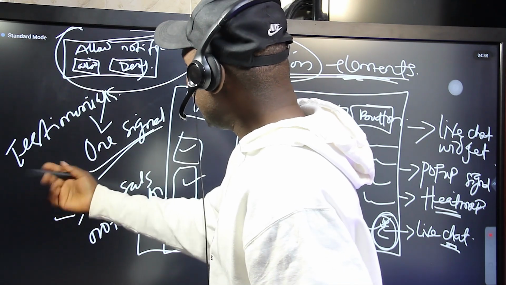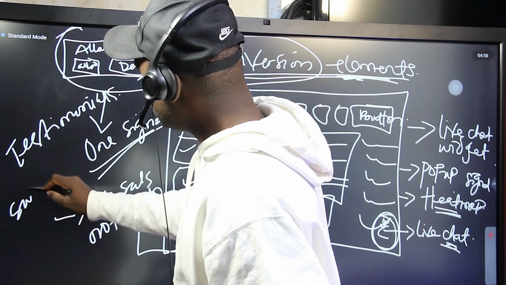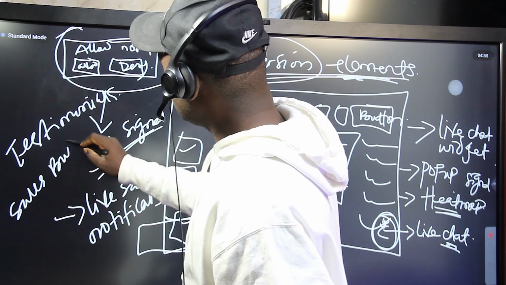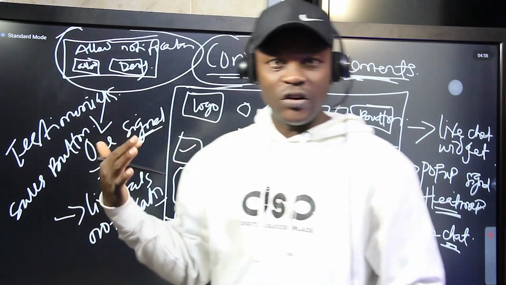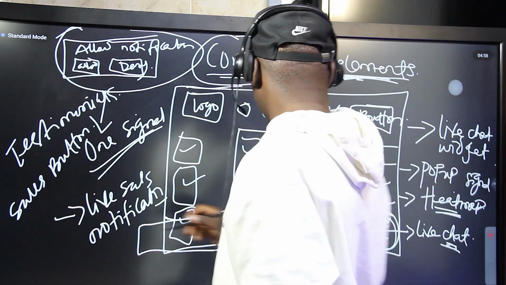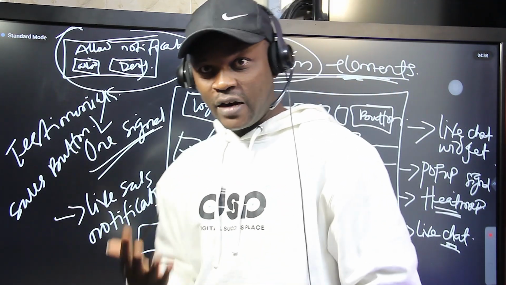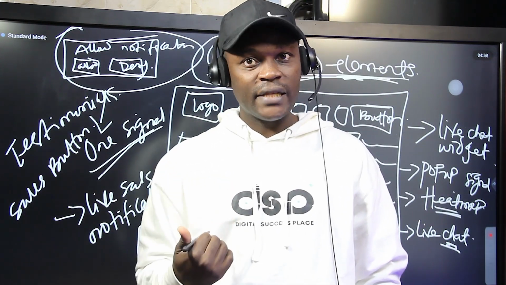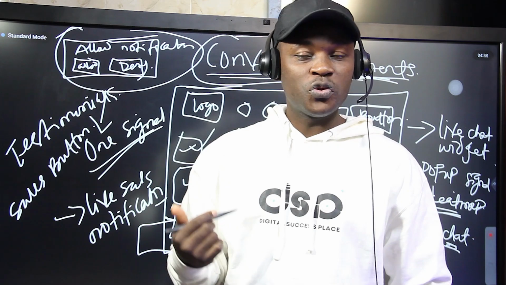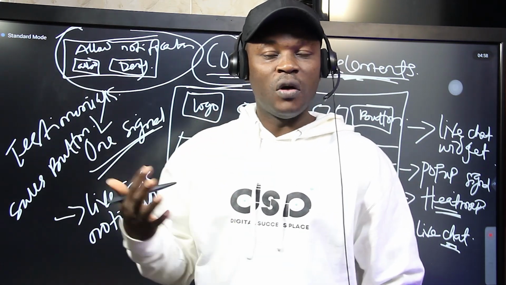So the next conversion element may be a sales button, a call to action kind of button that allows a guy to tap on one of the buttons on the website. If you have a call to action button on your website, it becomes easy for a guy to tap on that and place a call to you, or maybe fill a form.